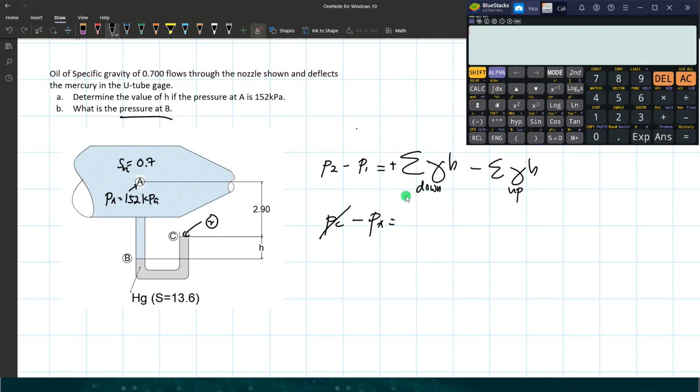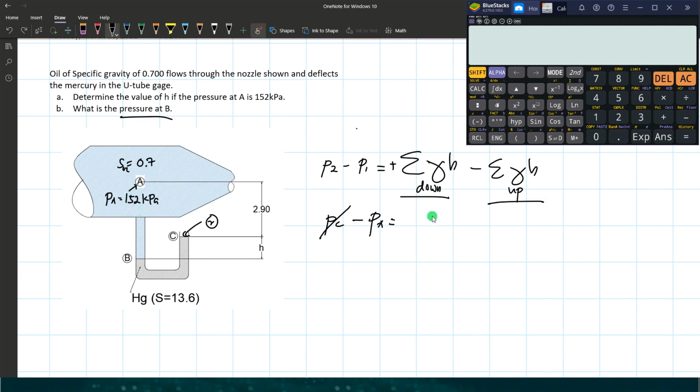So we solve now this using the sum of products of unit weight and height. We have two liquids here. We have the oil. If we start at point A, our direction should be like this, from point A to point C. Starting at point A, we take into consideration first the liquid, that is the oil.